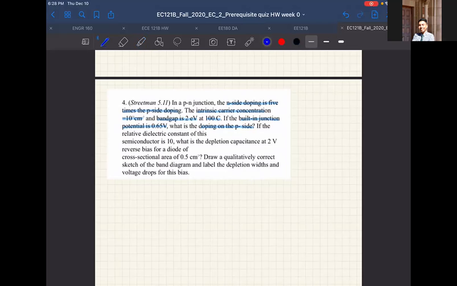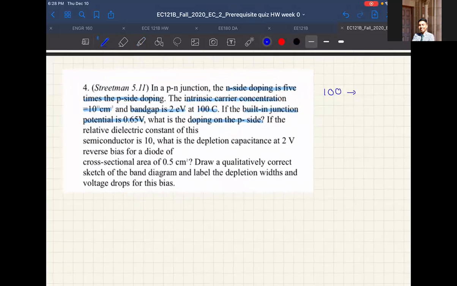So does anyone have any ideas? How will you approach a problem like this? I can tell you step 1 for me would be convert the 100 Celsius into 373 Kelvin.